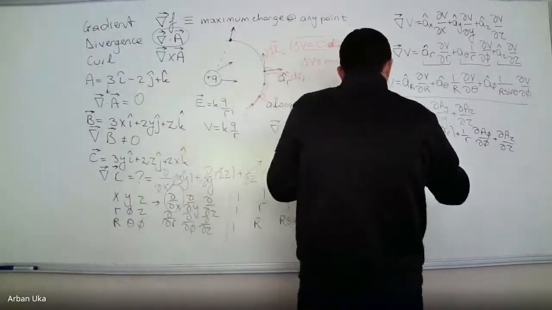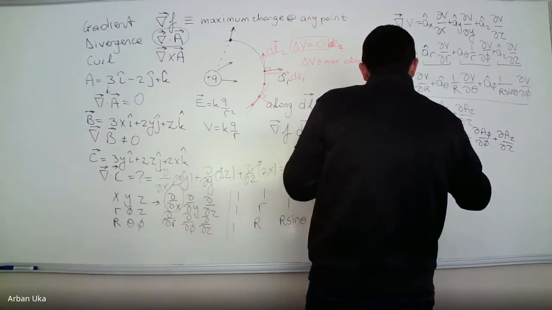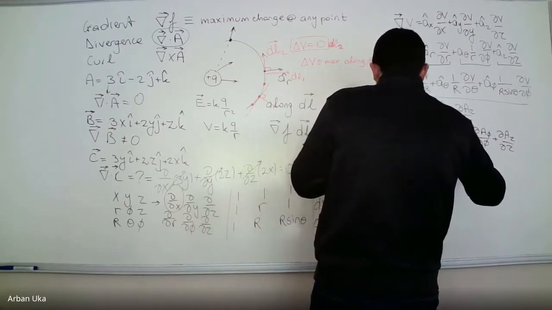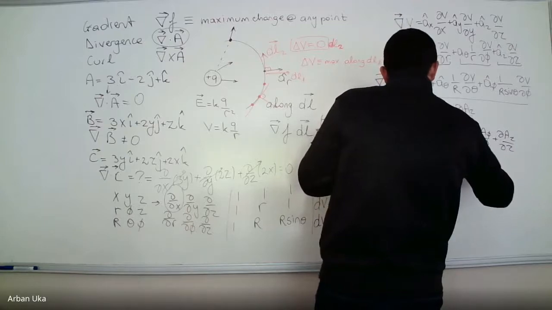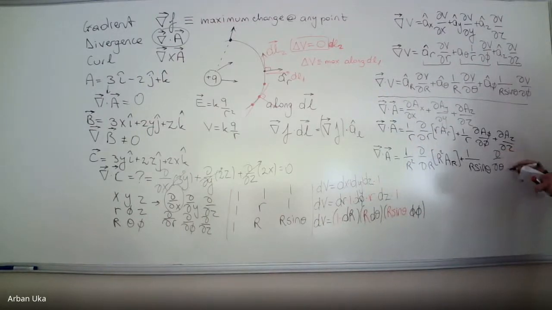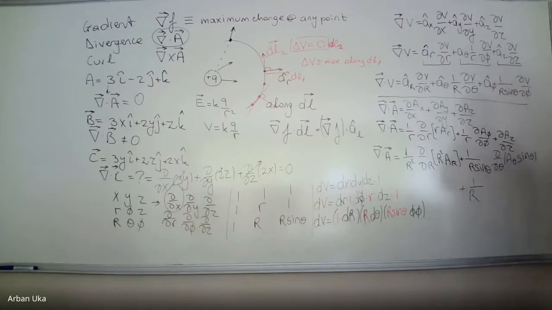And in this case, we will have here 1 over r squared d over dr times r squared A_r plus 1 over sine theta d over d theta of A_theta sine theta plus 1 over, wait a second, r sine theta dA_phi over d phi.